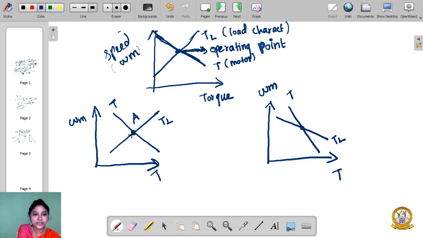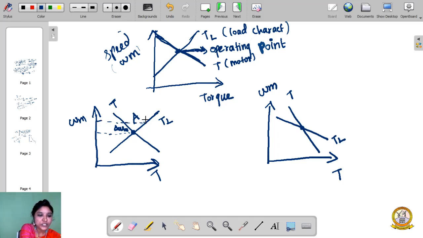A is already the operating point. Now I am going to increase the speed, and this change is represented as delta omega m.